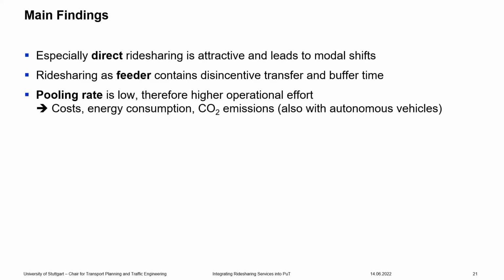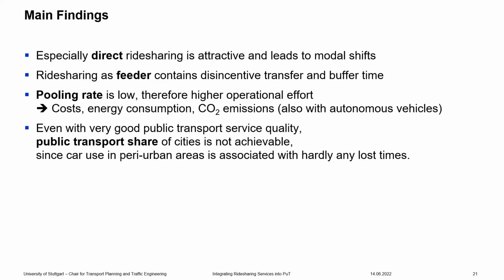And this was also true for the scenarios where we assumed that autonomous and electric vehicles are serving our ride sharing services. So we really did a lot to make the public transport in the Schulwald really attractive, I would say, but the modal share of public transport is limited nonetheless.